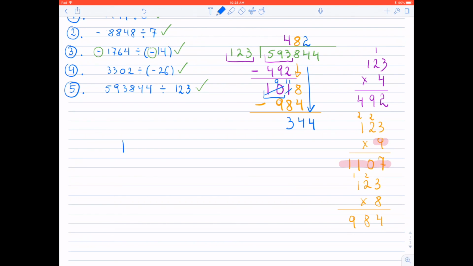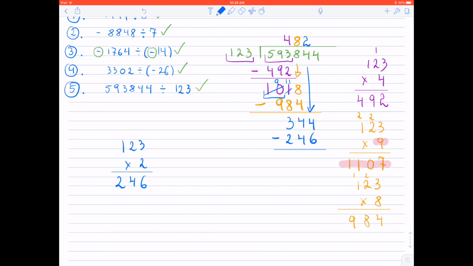I'll do it here on the left-hand side. So 2 times 3, 2 times 2, that's 246. Well, let's subtract. So it is less, but it should give us a remainder which is smaller than 123.